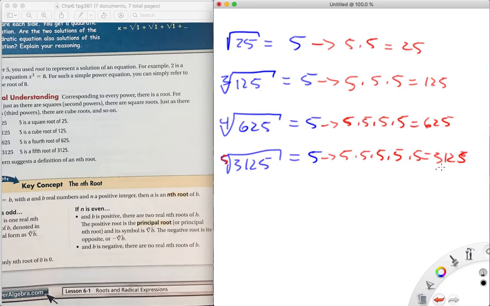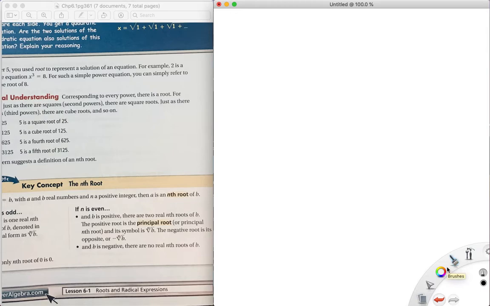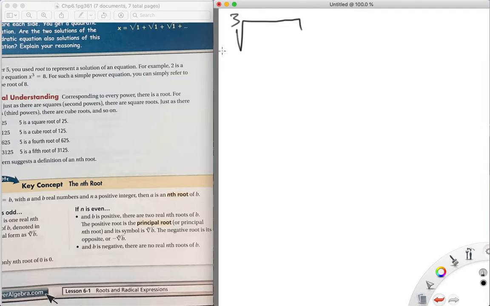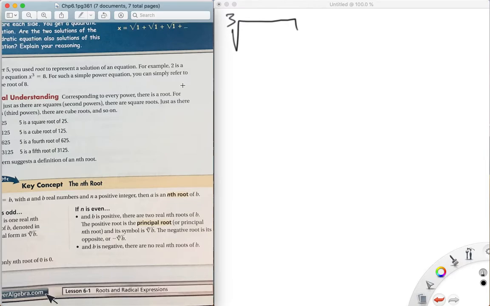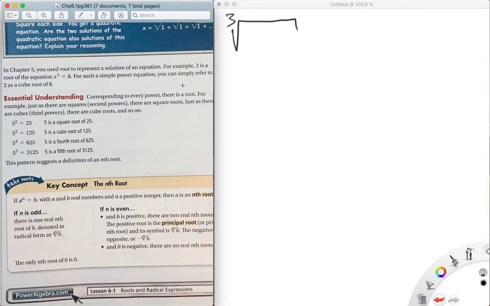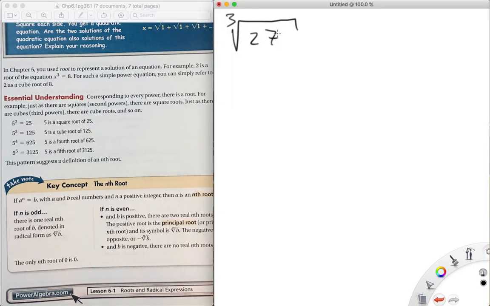All right, so what does all that mean? Let's talk about it. Let's use cube roots. So this is a cube root. Let's use 27, and let's use negative 27.